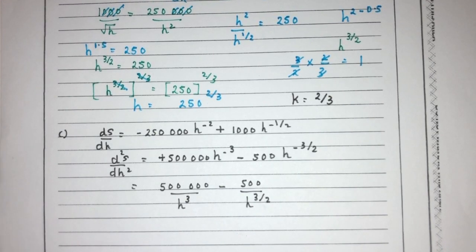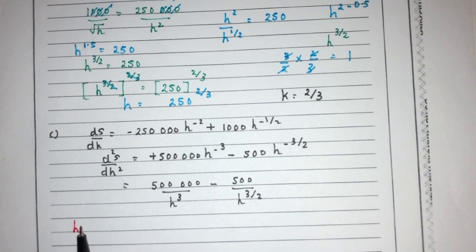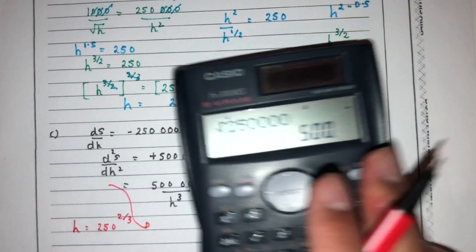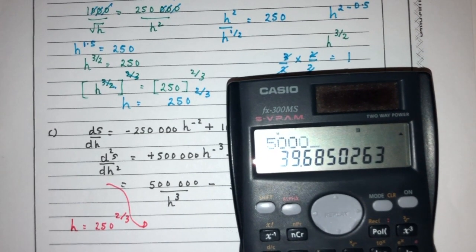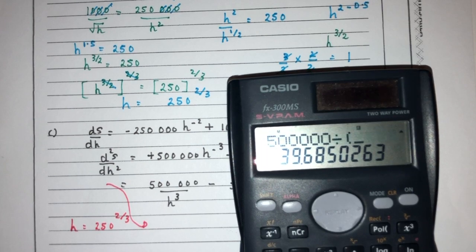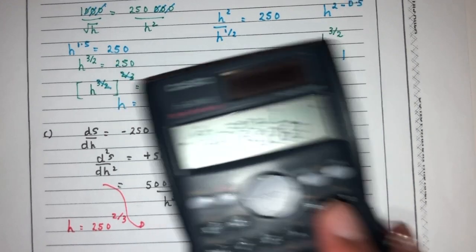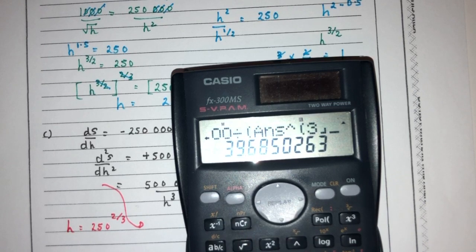Now we can replace to see what happens, right? So when H, the value was 250 power 2 over 3, what happens to this value? Let's find out. So 250 power 2 over 3 should be this. So first thing we have 500,000 divided by the answer power 3, minus 500 divided by the answer power 3 over 2.